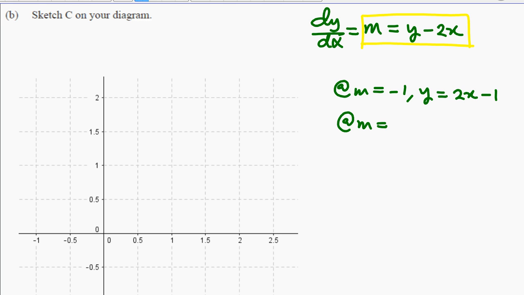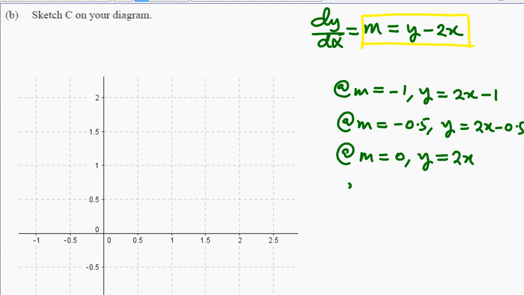At M equals -0.5, y will be equal to 2x minus 0.5. At M equals 0, y will be equal to 2x. At M equals 1, y is equal to 2x plus 1.